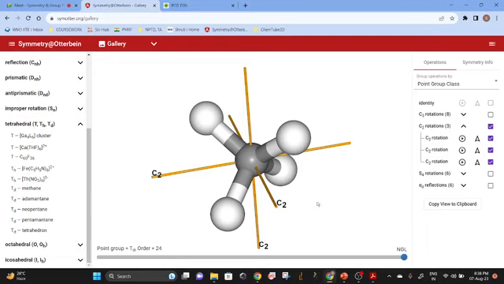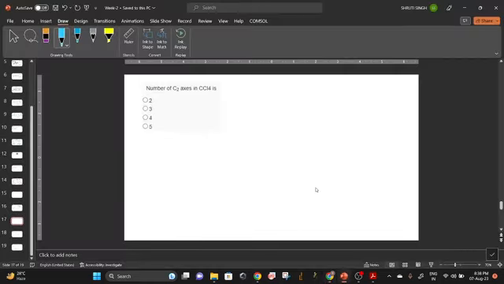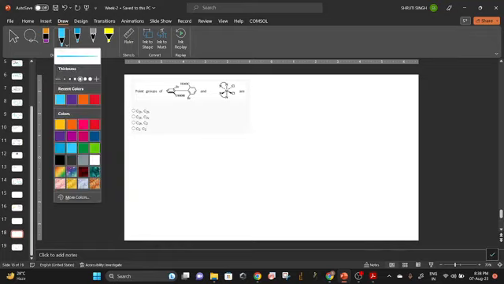Okay, so let's get back to the next question. Now, point groups of this one and this one. Did anyone solve this question?